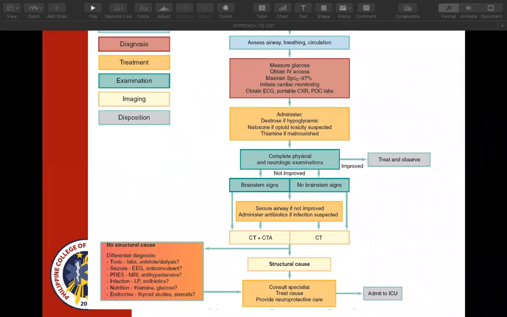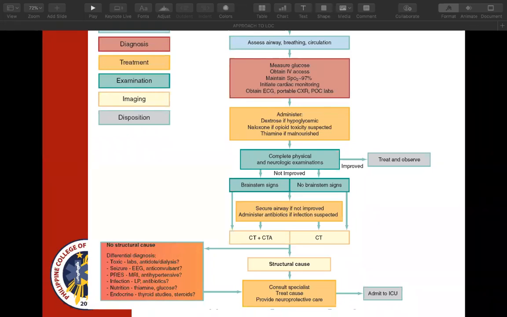So this is one good algorithm on how to approach a patient that presents with depressed consciousness. Again, the priority is to assess the airway, breathing, and circulation of the patient. If you have a depressed consciousness, you need to check the blood sugar and obtain IV access. You need to maintain an SpO2 of approximately 97.